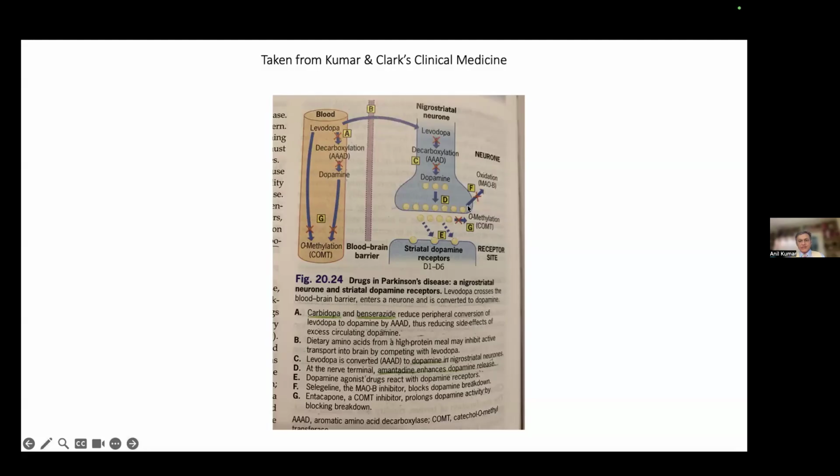Dopamine is more there. You have MAO-B inhibitors, which allow more release of dopamine, and then you have amantadine, which pushes the dopamine from the nerve terminals, and dopamine agonists behave as if they are dopamine. They are not actually dopamine, but they behave as if they are. So you can see they are working here.